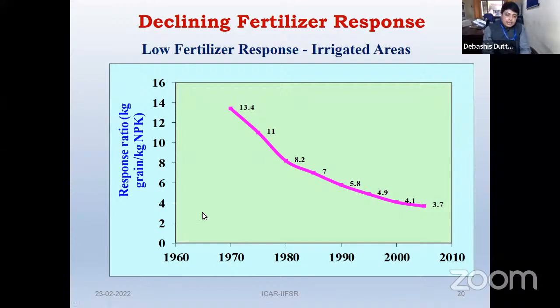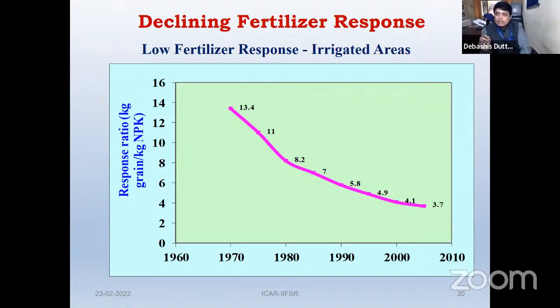And this is the trend from 1960 to 2010. So there is a declining trend, because we are discouraging the application of organic manure in the soils. That's why the response to chemical fertilizer is gradually decreasing, and that's why we always recommend the application of FYM along with the chemical fertilizer.